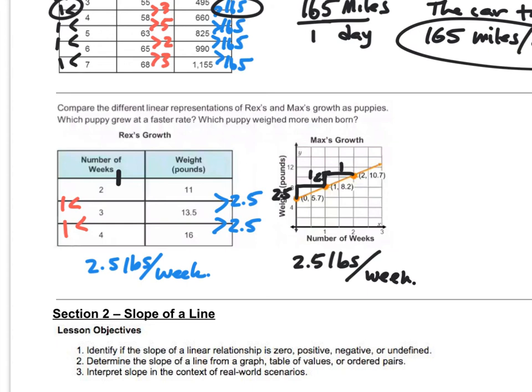And so if I take 11 minus 2.5, that's going to give me 8.5 pounds. Okay, 8.5 pounds. And then at week 0, if I go backwards, subtract another 2.5 from that, and that's going to give me 6. Okay, so Rex weighed more at time 0 as an initial, when they were born, versus Max. Okay, but they grew at the same rate, 2.5 pounds per week.